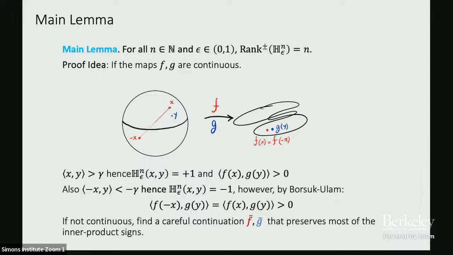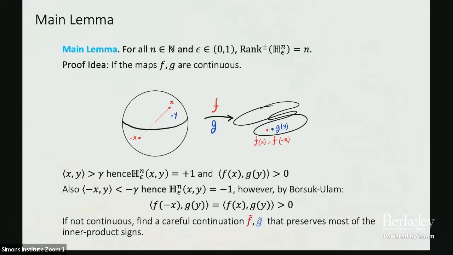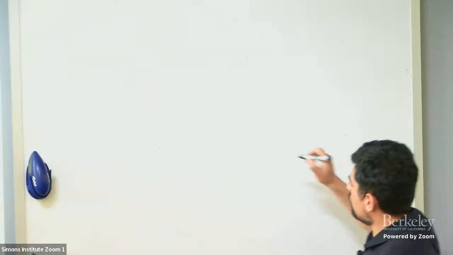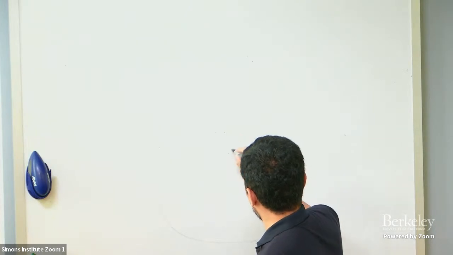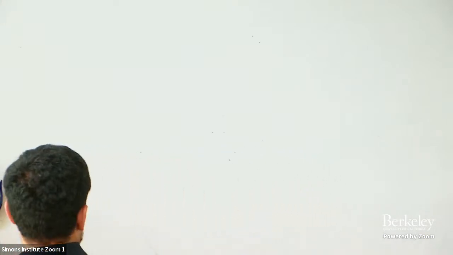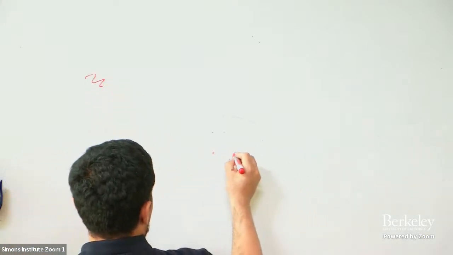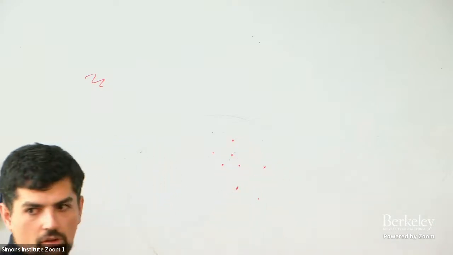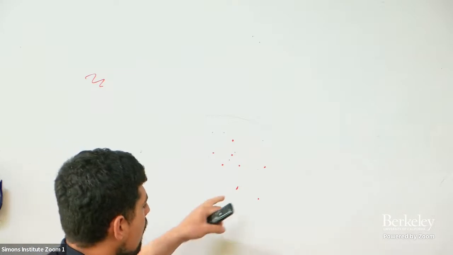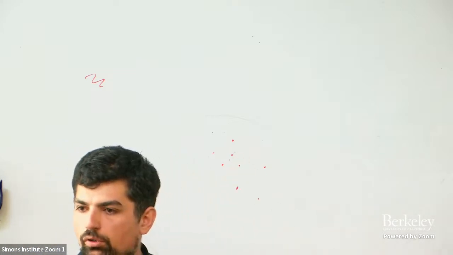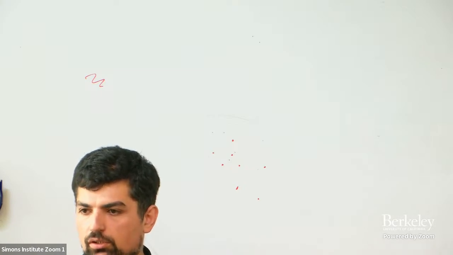Say a little more about how you find the continuous version. So you just have the maps f and g, and this gamma parameter, which is possibly really big, is given to you. Based on this gamma, you pick some really small epsilon net of the sphere, and only look at the values of your f and g on those epsilon net points, and based on that, define a continuous map on the entire sphere.